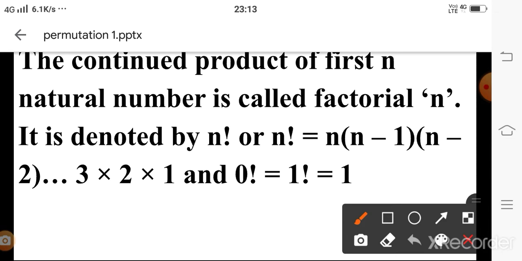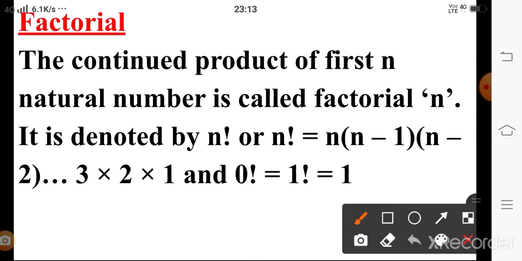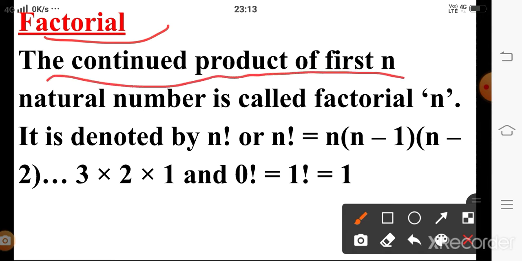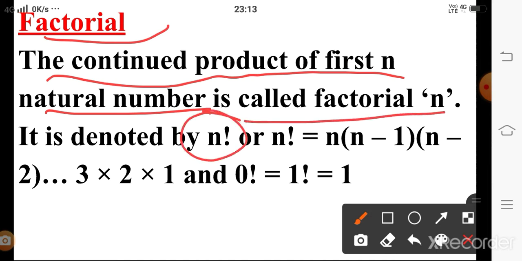Then in this chapter you will be familiar with the word factorial. What is factorial? The continued product of the first n natural numbers is called n factorial. We can write n factorial as n into n minus 1 into n minus 2 and so on, down to 3 into 2 into 1.